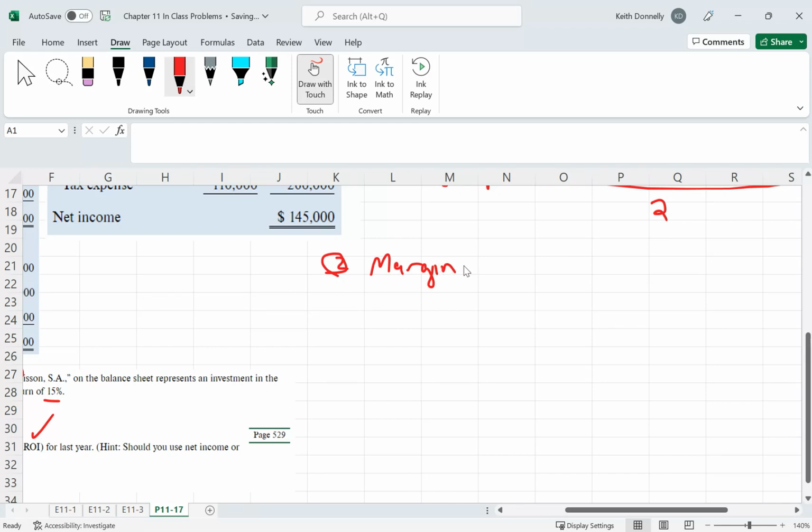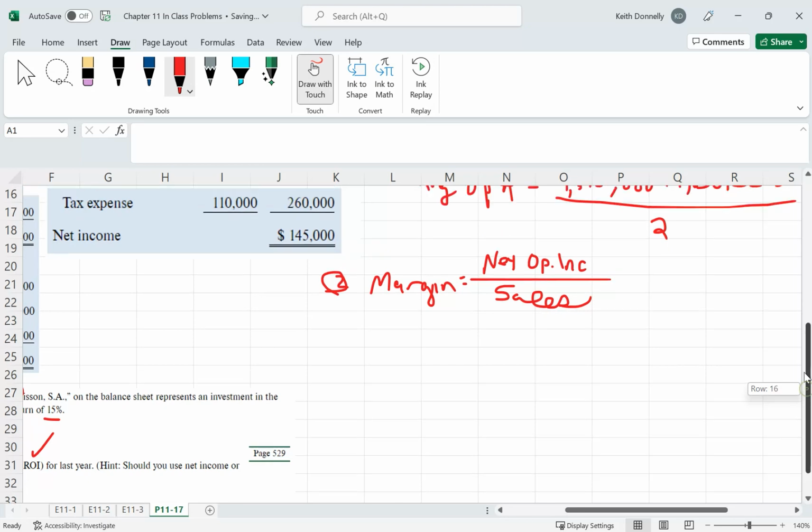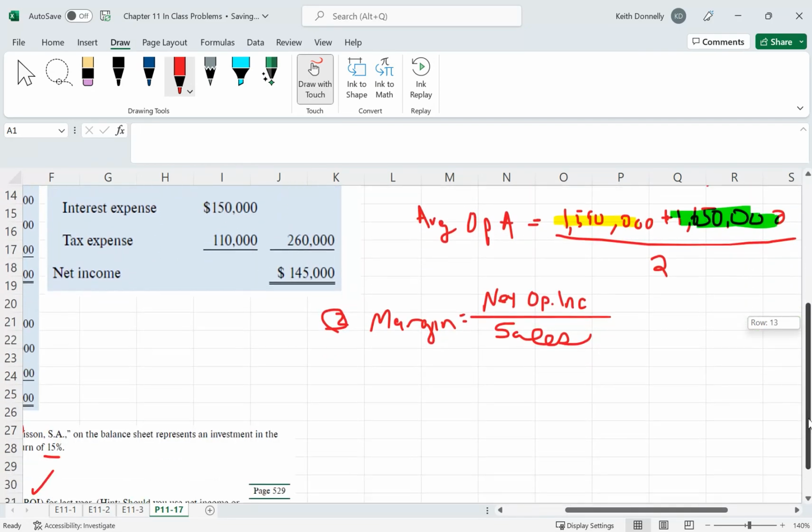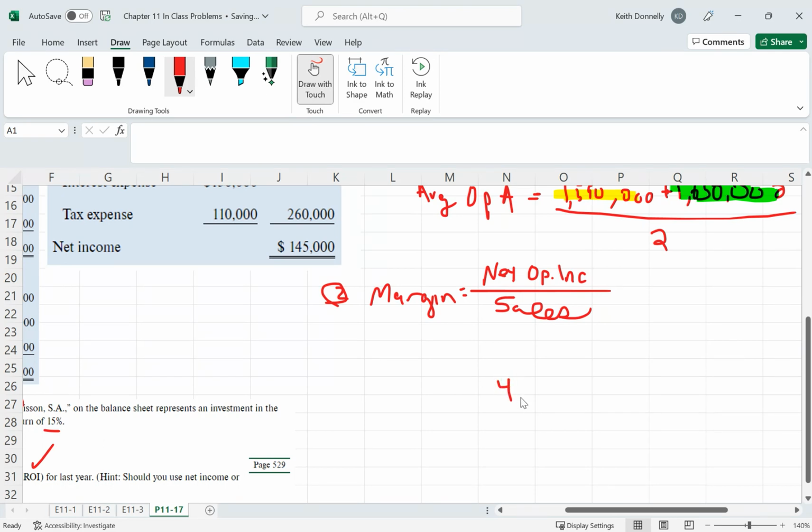That's going to equal your net operating income divided by your sales. And we know our sales right here are 4050. Okay, so we can put that down here as the denominator.